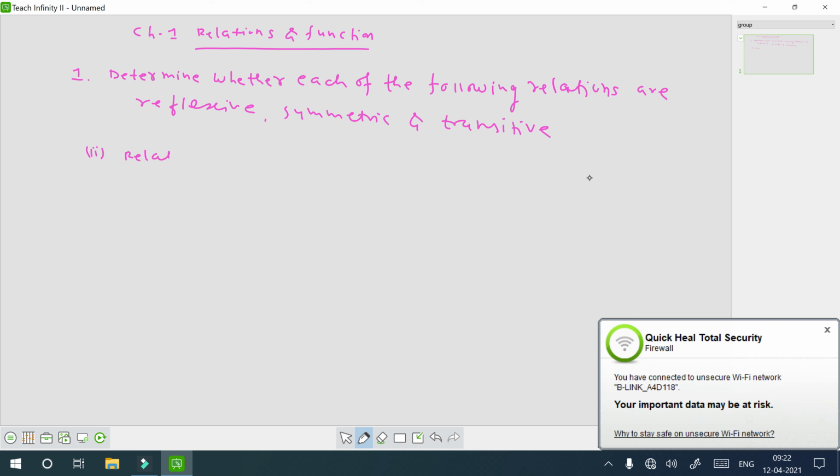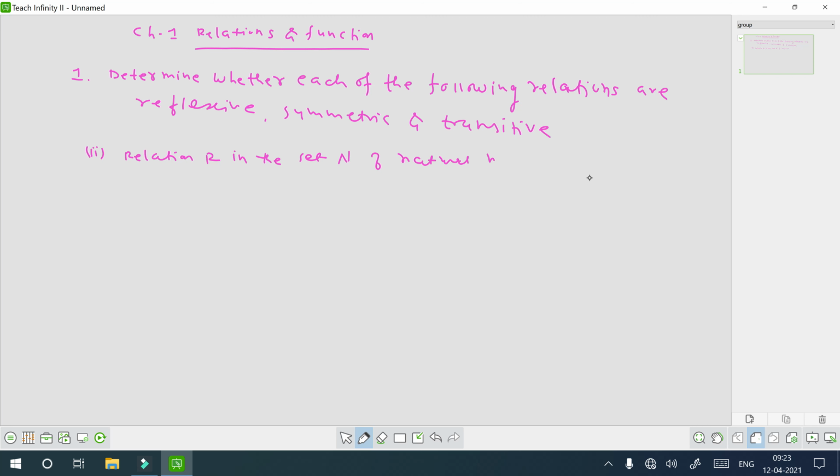Relation R in the set N of natural numbers is defined as R = {(x, y): y = x + 5 and x < 4}.